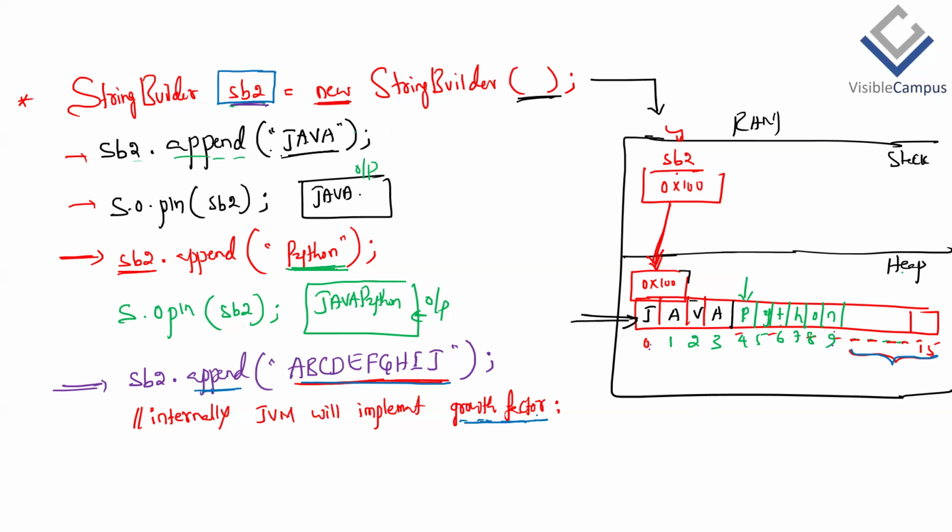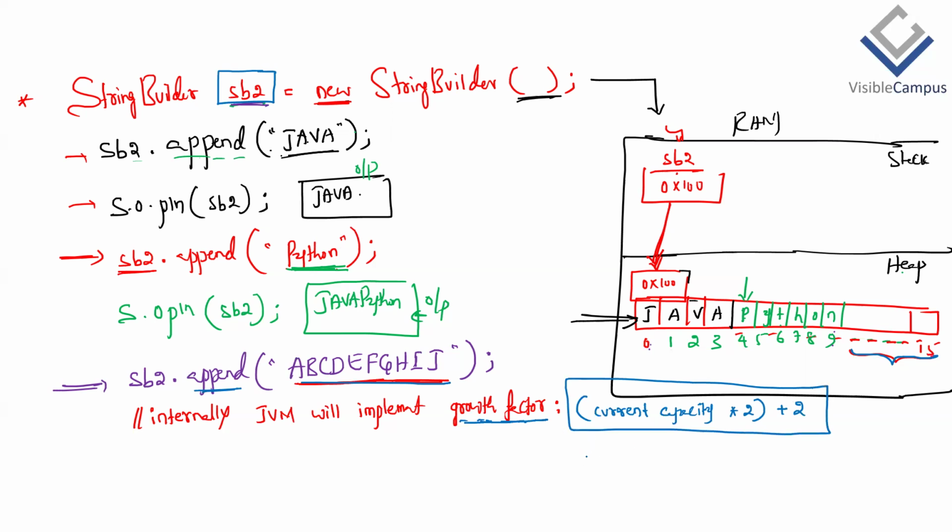Growth means increase. So what is the growth factor? The current capacity into 2 plus 2. So this is the growth factor formula.